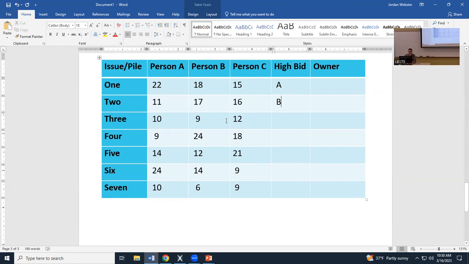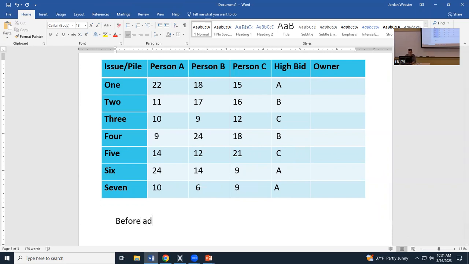On the third pile, person C. On the fourth, person B. On the fifth, person C. On the sixth, person A. And on the seventh, person A. So A won 3 items, B won 2 items, C won 2 items.